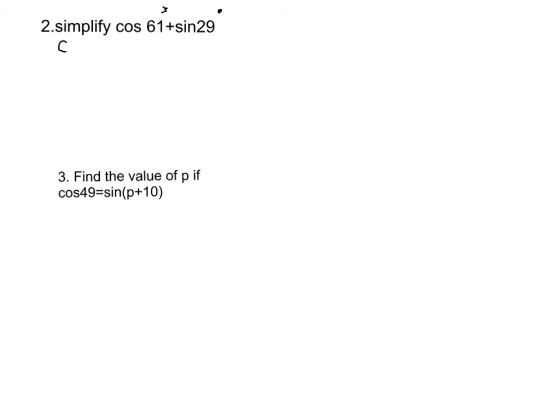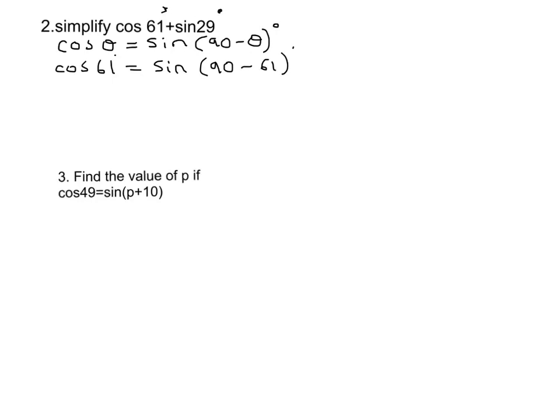So remembering my result, cos theta, remember, cos is best friends with sine, so that equals sine 90 minus theta. Alright, so cos 61 degrees is equal to sine 90 minus 61 degrees. Okay, so cos 61 is equal to sine 29.